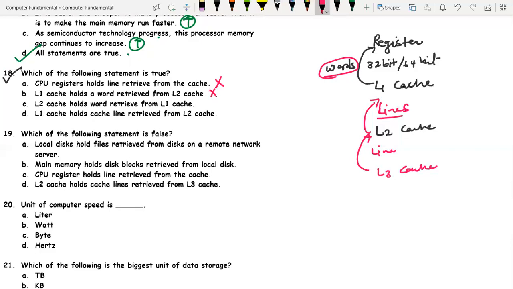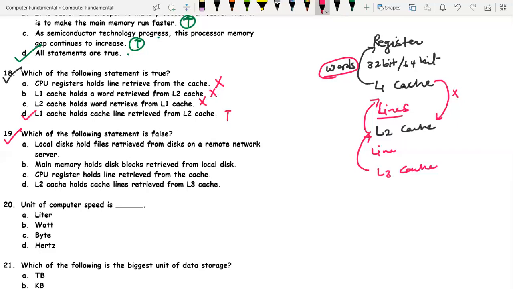L2 cache holds words retrieved from L1 cache? No. L1 cache to L2 cache data transfer is not there; from L2 to L1 is there. So this statement is false. L1 cache holds cache lines retrieved from the L2 cache. That's true. So this statement is true, and this is the correct option.